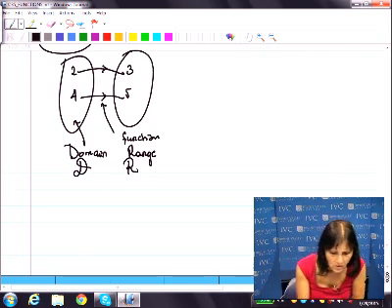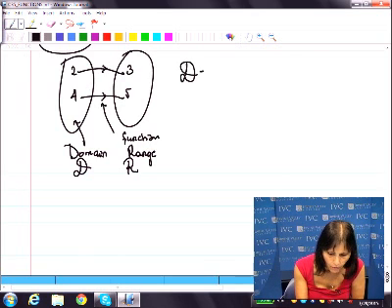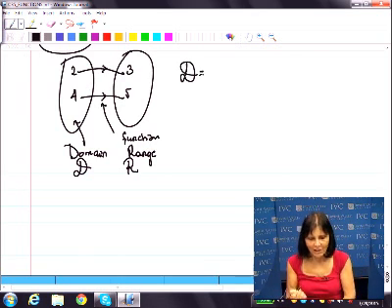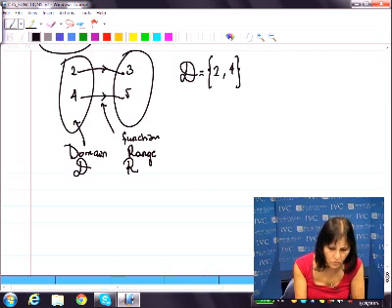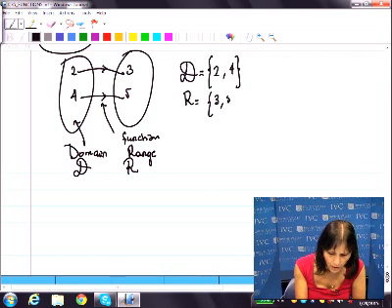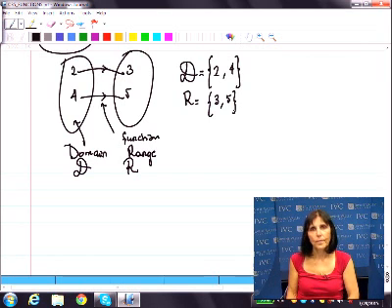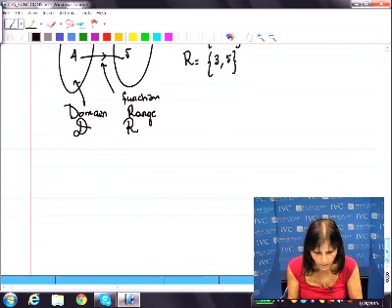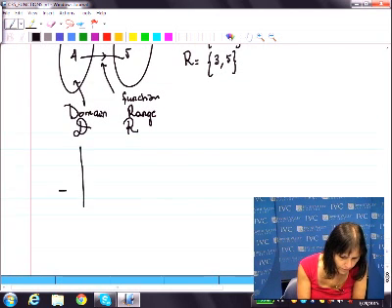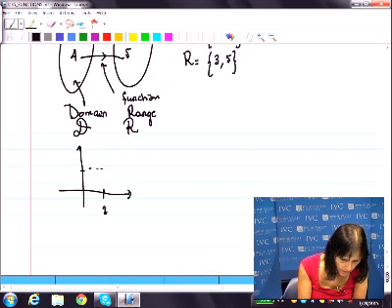Okay, so what is the domain of this first thing? When you list things, you use braces. 2, 4. What's the range? There are two things in there, 3, 5. Does that make sense? All right, let's look at domain and range of a graph. Let's think of a parabola. Let's say it's like this.